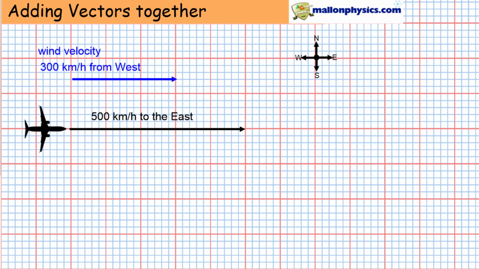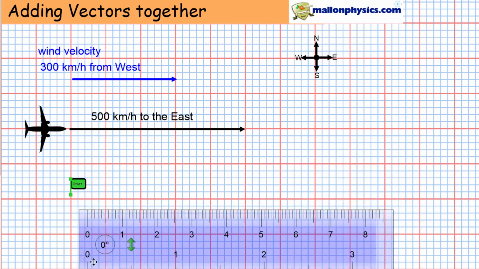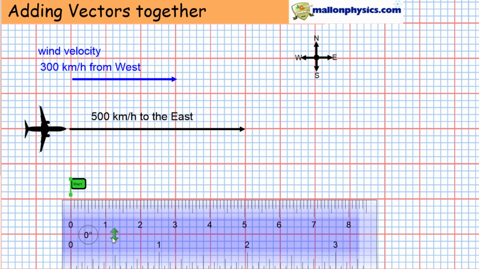So we start off with the 500 kilometers per hour to the east vector of the velocity of the airliner. And to do that, we put our start down here, just the very same way with displacement. We put our start here. And we use a ruler to draw a scale diagram of that vector.